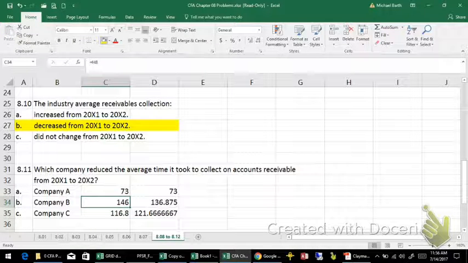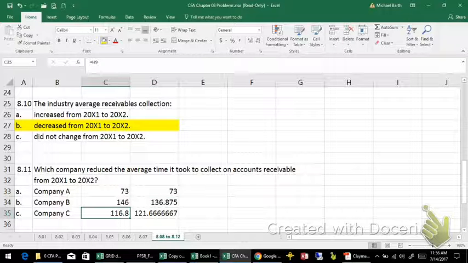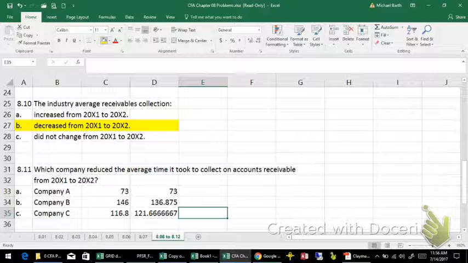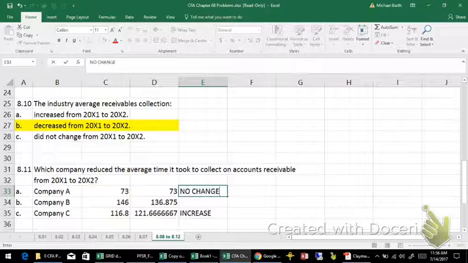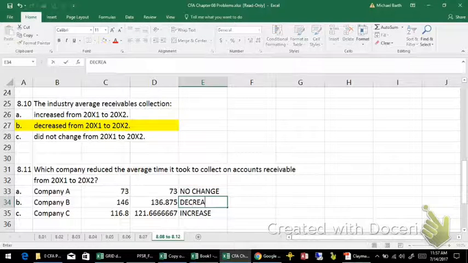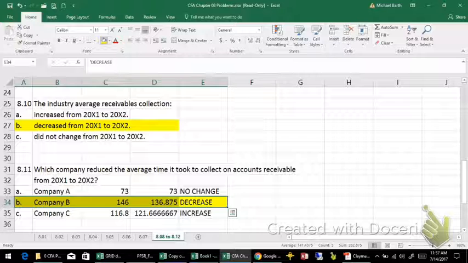Company B went 146 down to 136, and C increased. So that's an increase, no change, and a decrease. And that's what we were looking for, which company decreased its average time to collect.